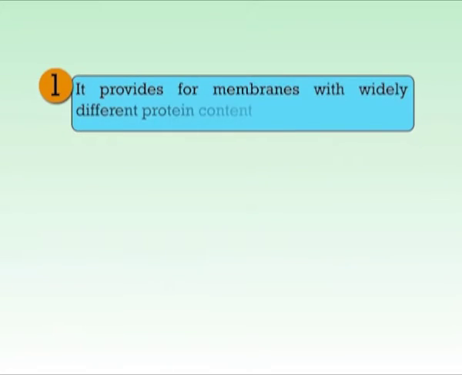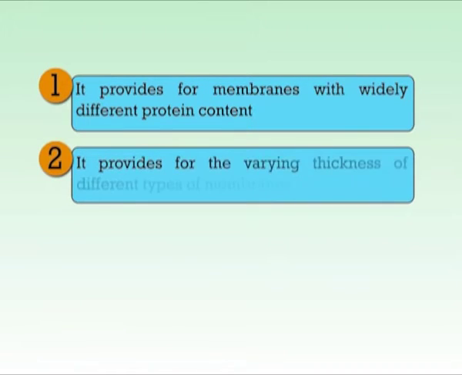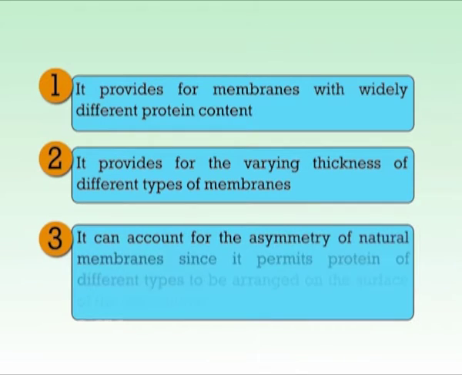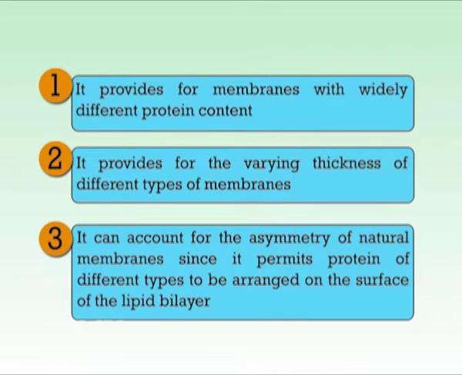First, it provides for membranes with widely different protein content. Second, it provides for the varying thickness of different types of membrane. Third, it can account for the asymmetry of natural membranes, since it permits proteins of different types to be arranged on the surface of the lipid bilayer.